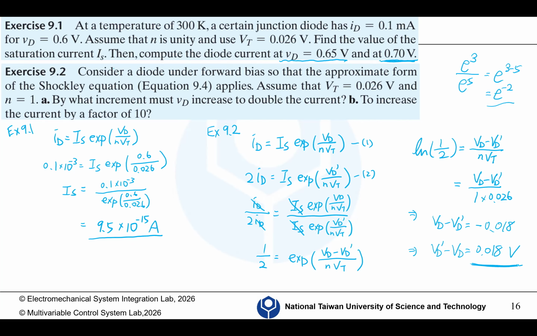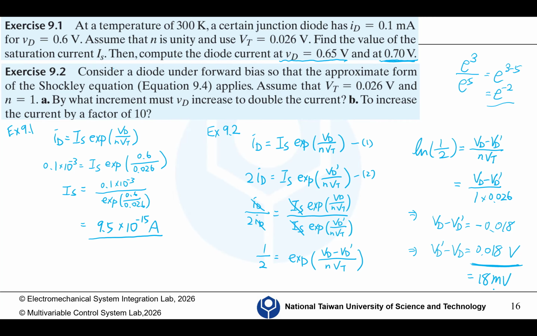So for the voltage applied to this diode, in order to make the current increase by 2 times, the increase of the voltage must be 0.018 volt. It equals 18 millivolts. Okay, yeah, that's how we solve it.